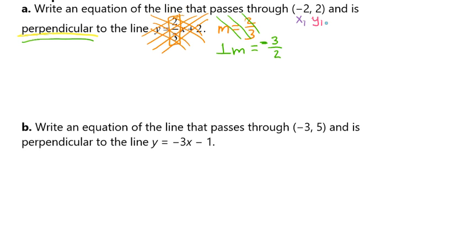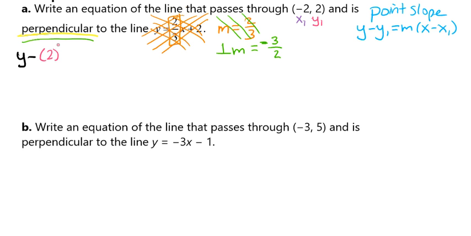So now we have a point, and we have a slope. And so we're able to use our point slope formula, which is y minus y1 equals m times x minus x1. So let's plug in the pieces that we have. So we have y minus our y1 of 2 equals our perpendicular m, so -3/2, times x minus x1, which is -2.